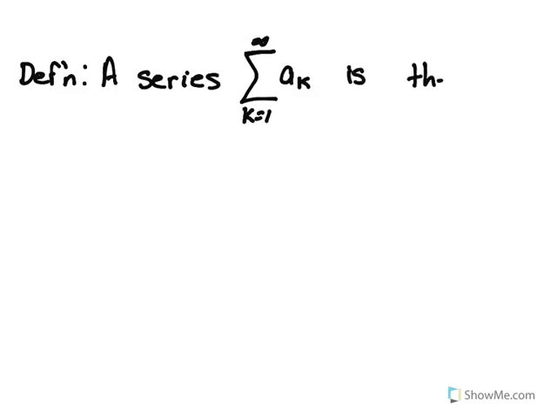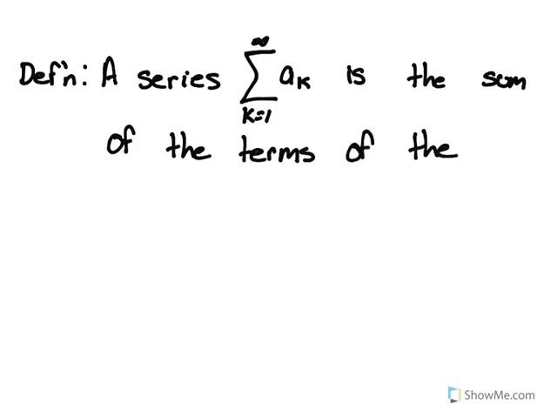Definition: a series, which we'll denote using sigma notation, from k equals 1 all the way to infinity of ak, is the sum of the terms of the sequence ak.